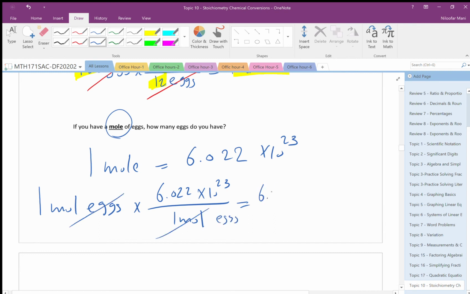So you have 6.022 times 10 to the power 23 eggs, which is a very large number.